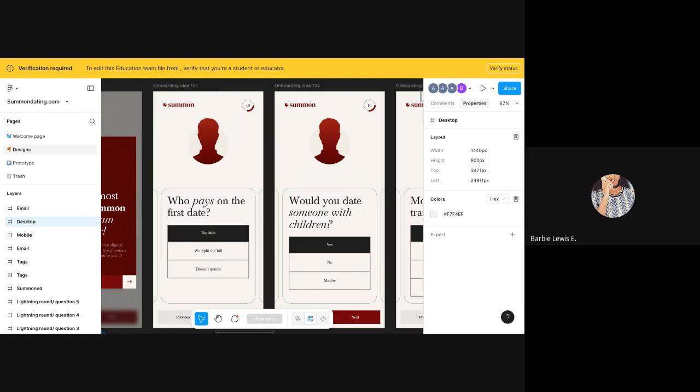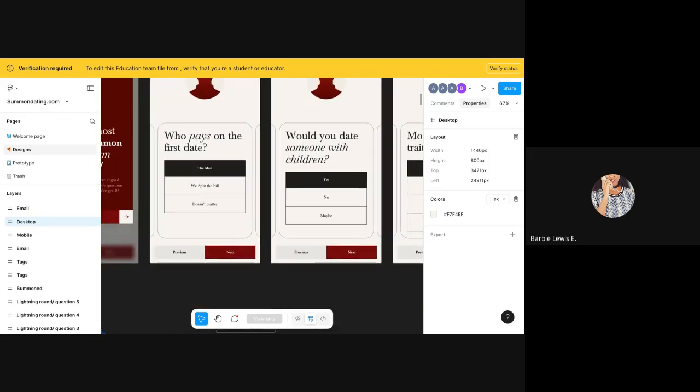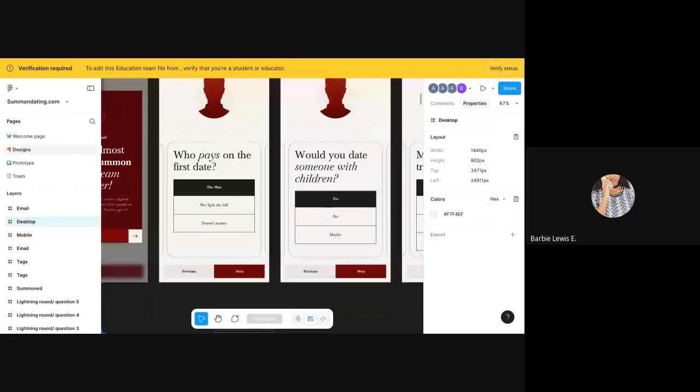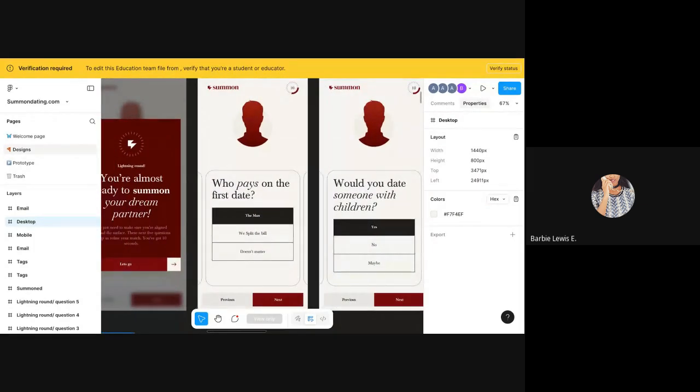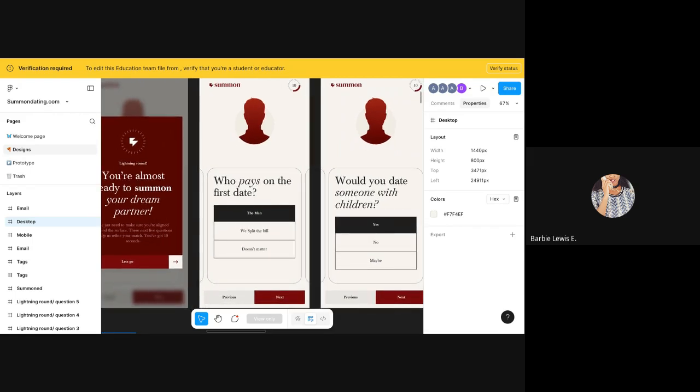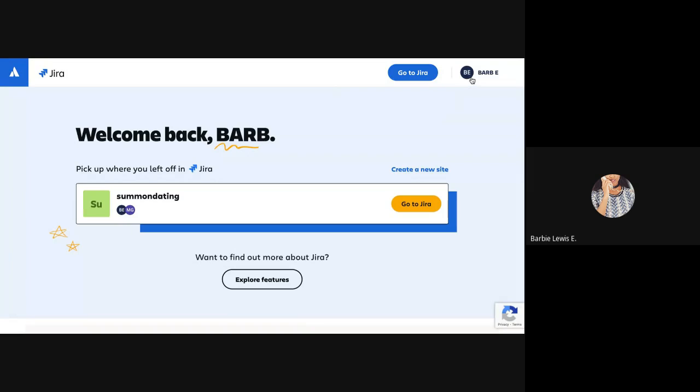So every single thing on the page, on each frame needs to be written as a ticket, right? Who pays on the first date, you know, implement who pays on the first date page. It should have a silhouette. It should have the home screen, that sort of thing. So we're going to look into all of that and we're going to cover that in our Jira writing.